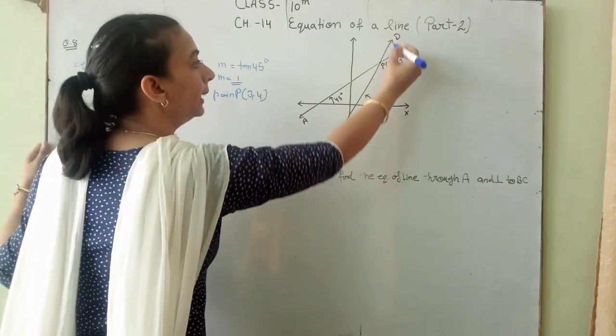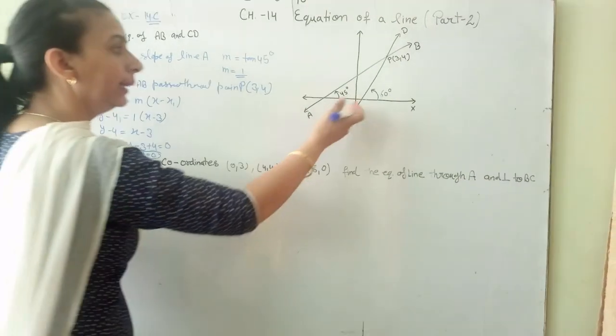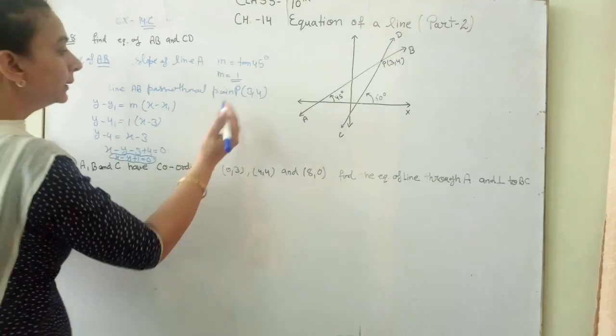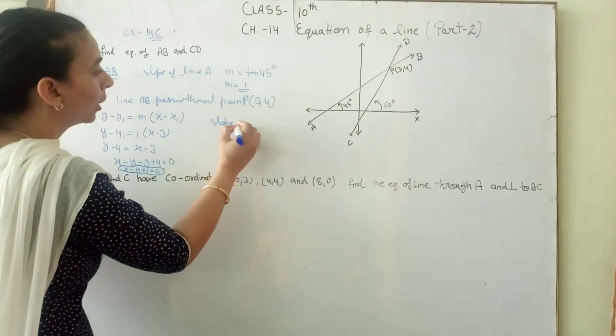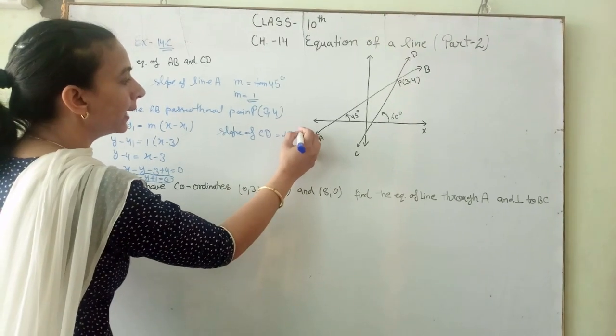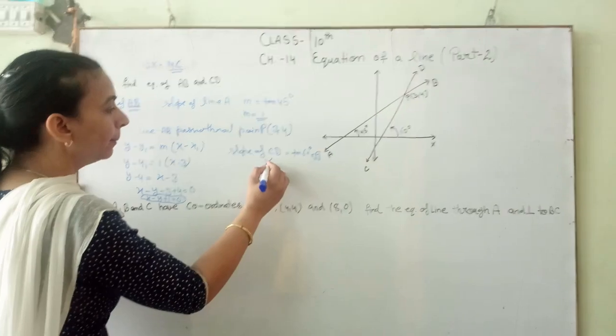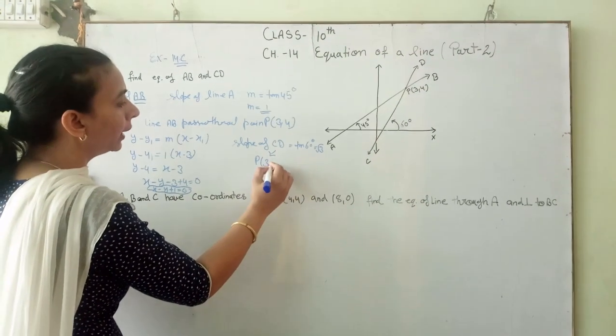Line CD makes an angle of 60 degrees with the x-axis in the anti-clockwise direction. Then slope of CD equals tan 60, and tan 60 equals root 3, and line CD passes through point P, 3 and 4.